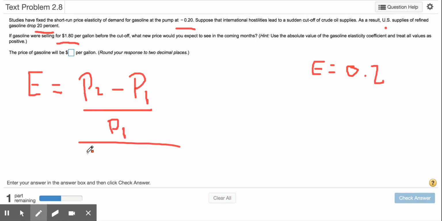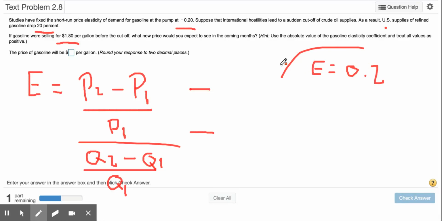So the whole thing is (Q2 minus Q1) over Q1. All right, this whole thing should be equal to 0.2. This is elasticity, right?